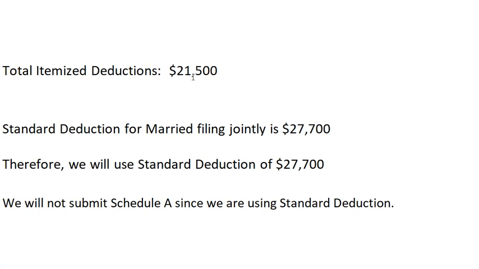And since we're not using the itemized deductions, we will not submit Schedule A. And so Schedule A will not be part of the tax return, since the standard deduction is much higher than the itemized deductions.